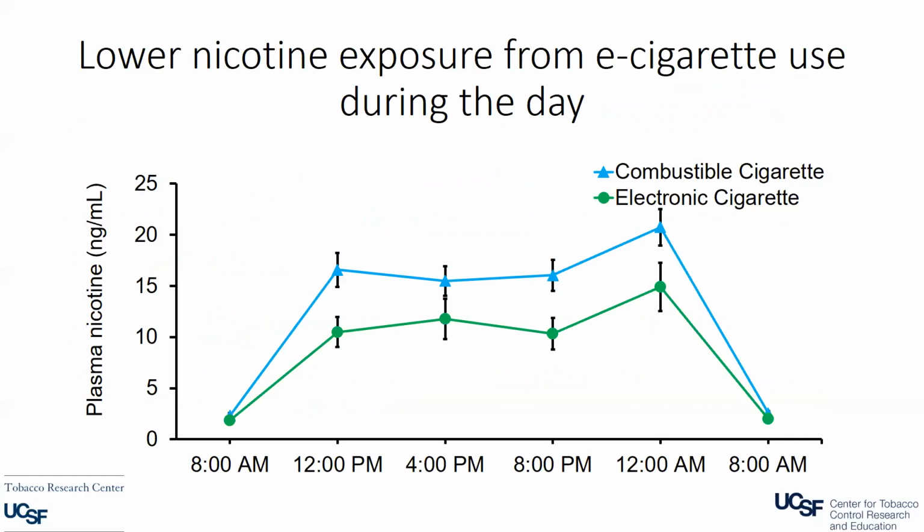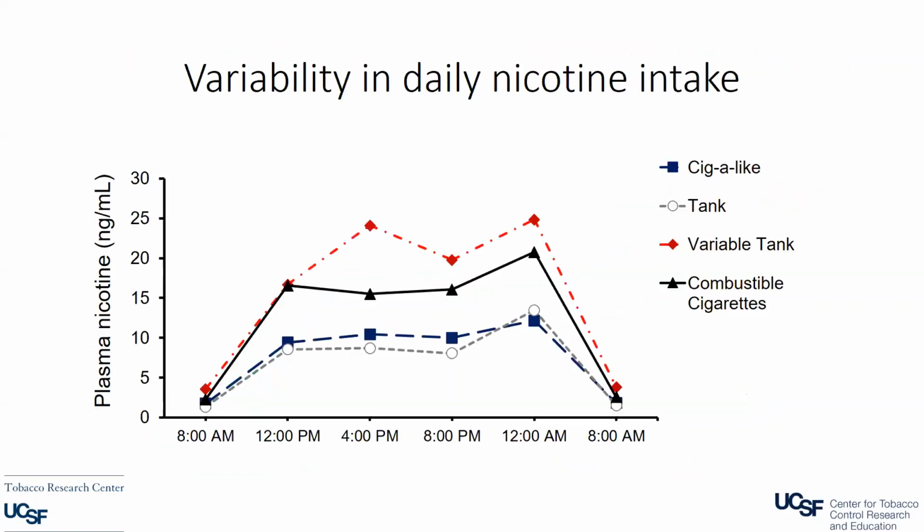You could see that over a full day, the blood nicotine level for combustible cigarette use was, again, significantly higher than what you see for electronic cigarette use. But if we look at the different types of e-cigarettes, the one at the top is the variable tank, so the mods. These users were able to have higher blood nicotine levels compared to average cigarette smoking, in contrast to the cig-a-likes and tanks.